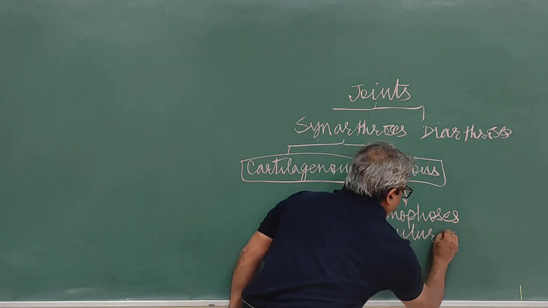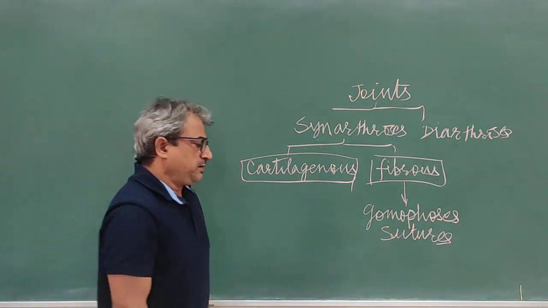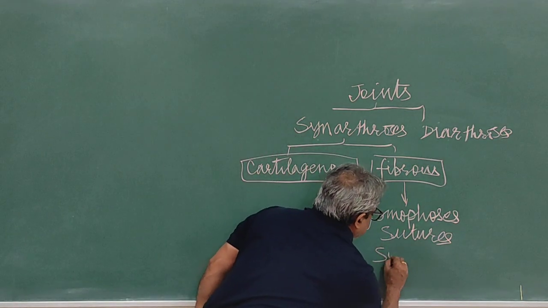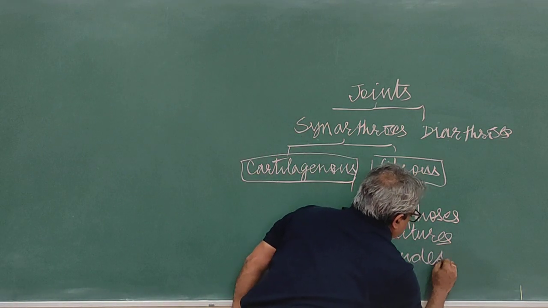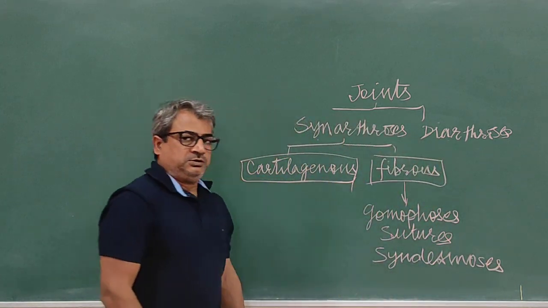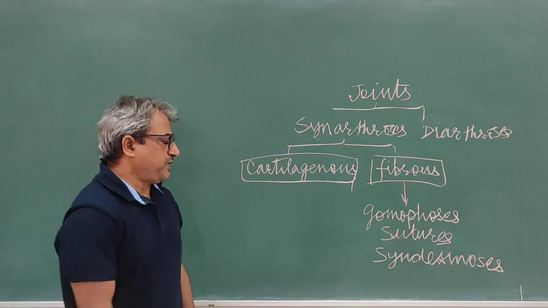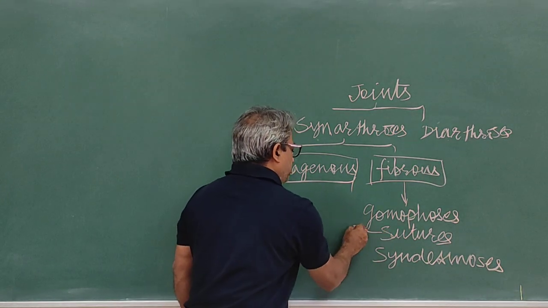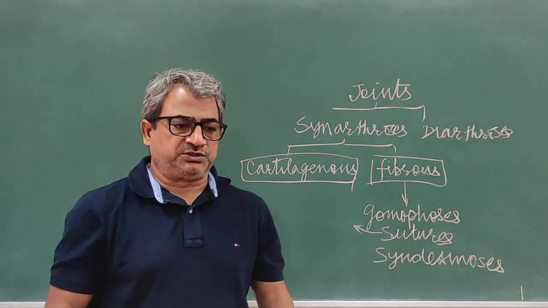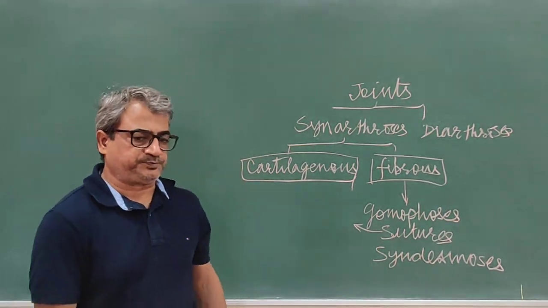Sutures, you know about the sutures, particularly the cranial suture, and the syndesmosis. Right? These are three basic varieties of the fibrous joint. The more important of them, the sutures, which we'll take up first in our study.